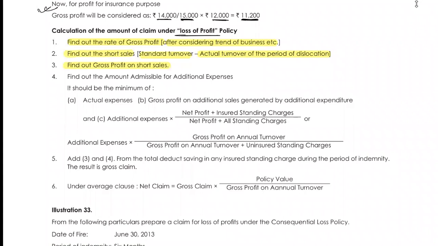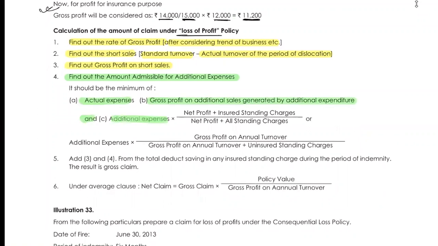Now see, find out the amount admissible for additional expenses. See, actual expenses, gross profit on additional sales generated by additional expenses. See what we did. Net profit plus insured standing charges divided by net profit plus all standing charges, or gross profit of annual turnover जो हमने लिया था, divided by gross profit of annual turnover plus uninsured standing charges into additional expenses.